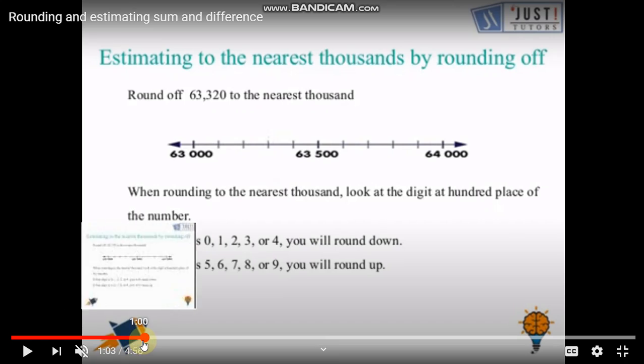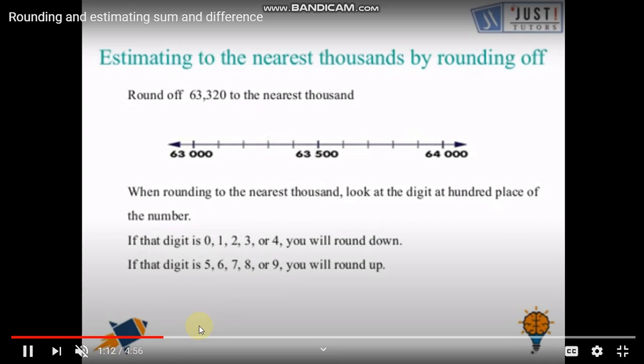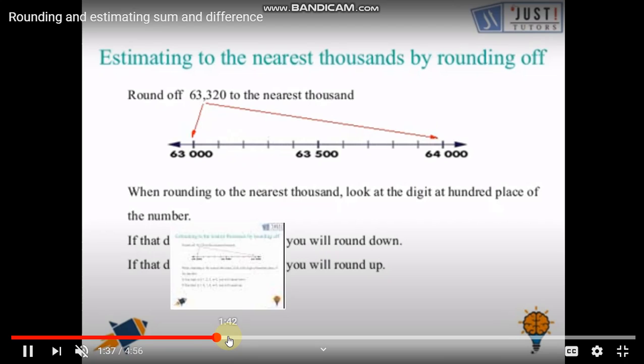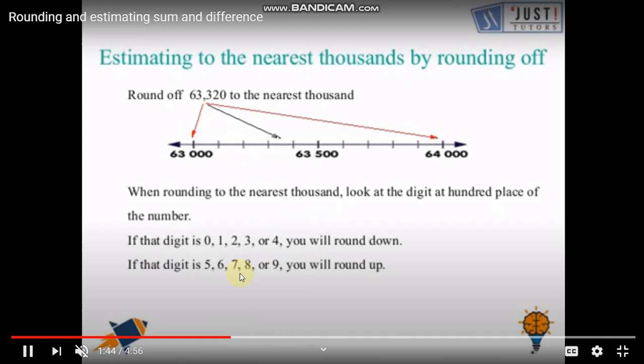We just check 63,000 and 64,000, and 63,320 comes approximately at this point.